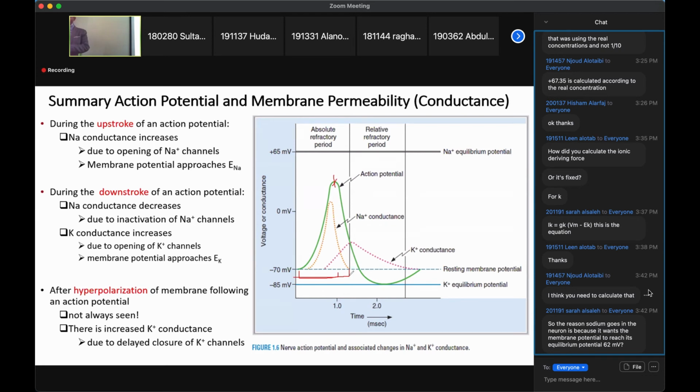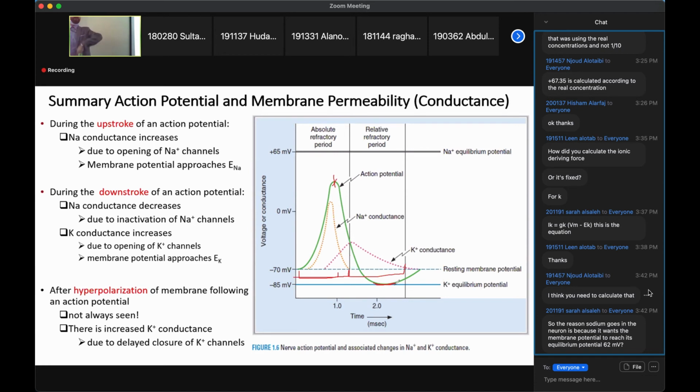Whereas in this part of the action potential, it's the relative refractory period. An action potential can result in response to a next stimulus, but a bigger stimulus is required in order to take the membrane to the threshold, because now, as you can see here, the membrane is even hyperpolarized.